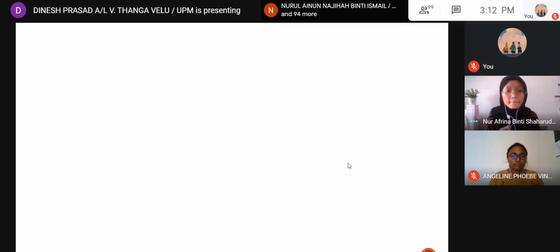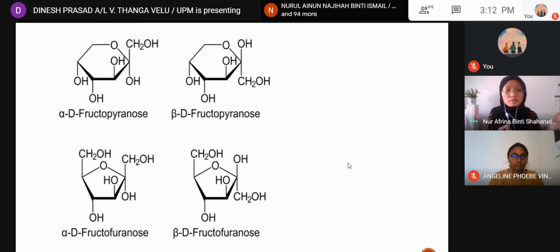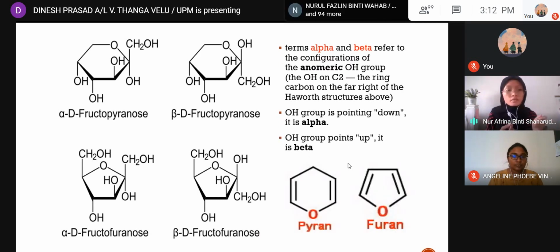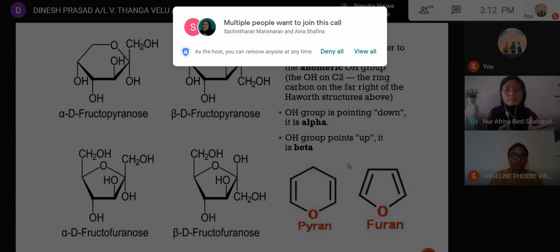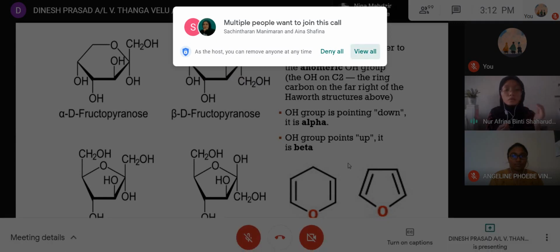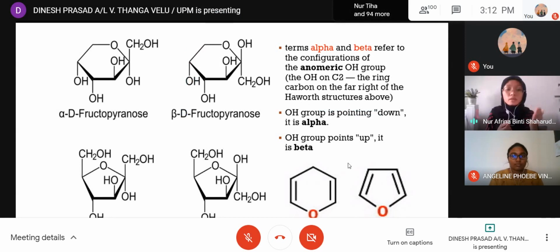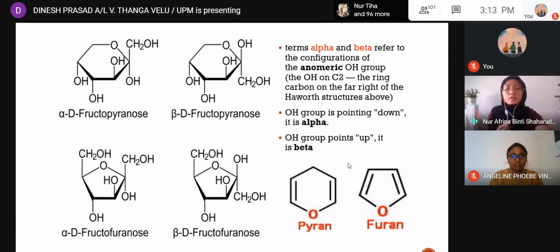Okay, in this slide you can see there are 4 different structures: alpha-D-fructopyranose, beta-D-fructopyranose, alpha-D-fructofuranose, and beta-D-fructofuranose. Firstly, we have to know whether it's pyranose or furanose.